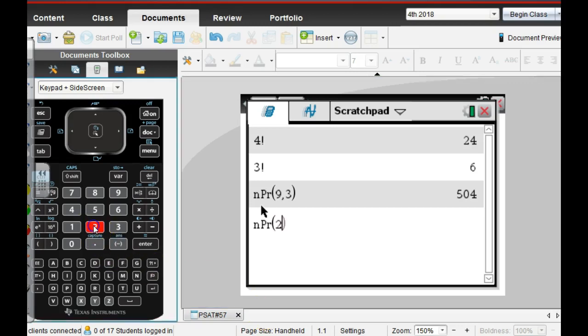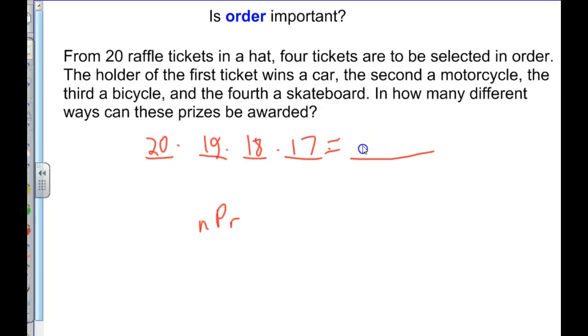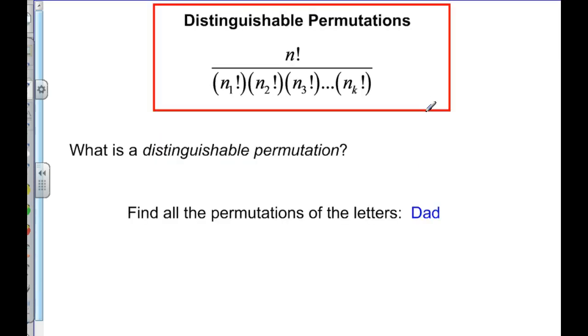So 20 objects taken r at a time, taken 4 at a time. So 20 nPr 4 is 116,280, and you get the same thing as if you had multiplied here, 116,280. That's quite a lot.